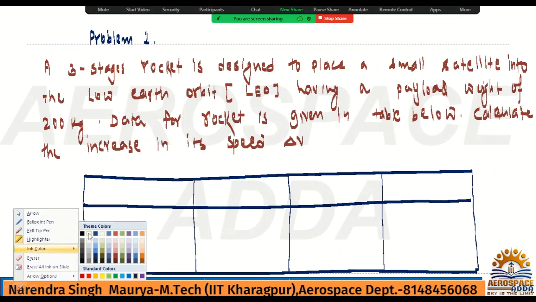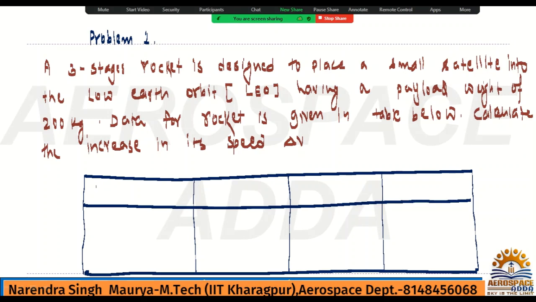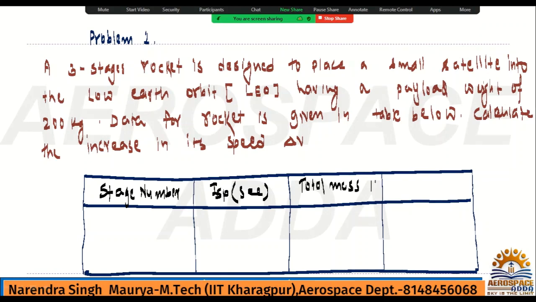Okay. Stage number, ISP in seconds, total mass in kg, propellant mass also in kg.